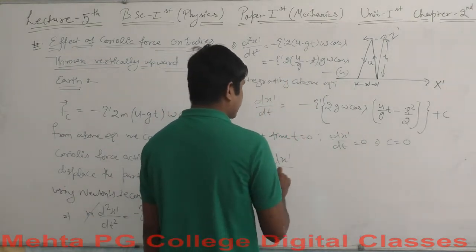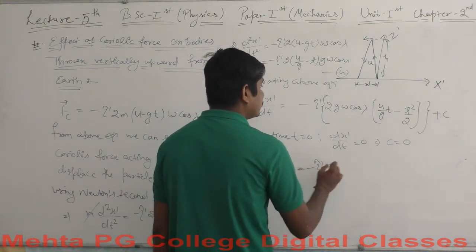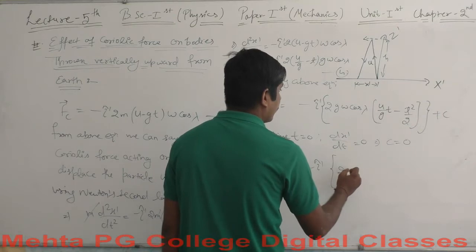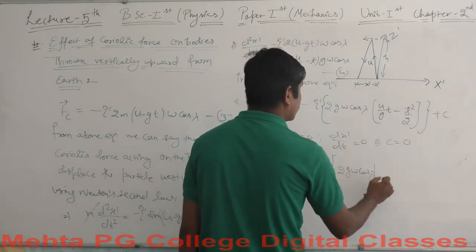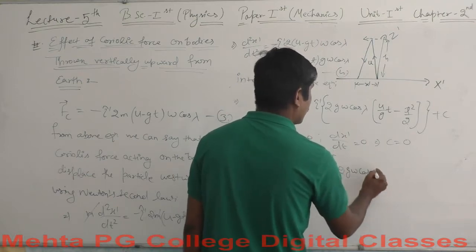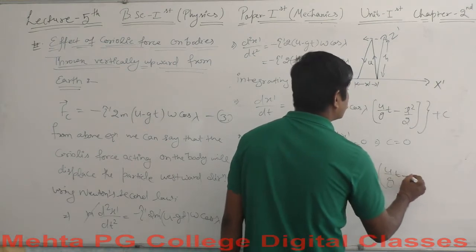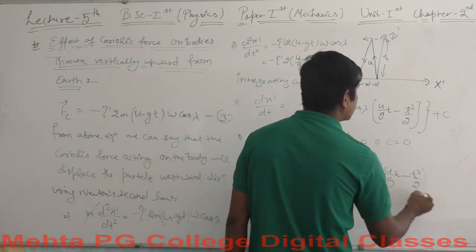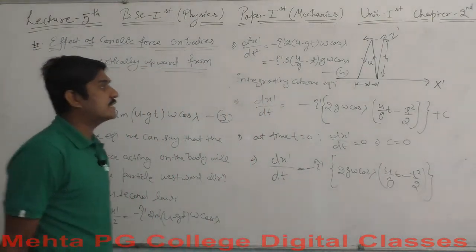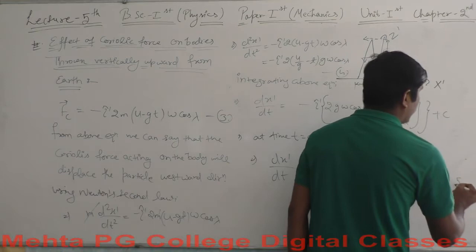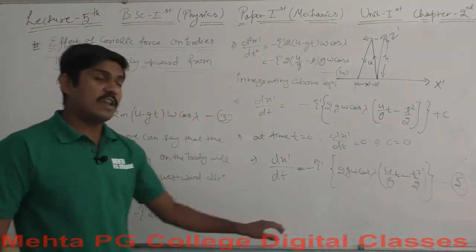So this value, the dx dash over dt, will be equal to minus I cap dash 2g omega cos of lambda times ugt minus t square over 2. That should be the value of dx dash over dt. Let's say this is equation 5 here. So we got the value of the velocity component also.